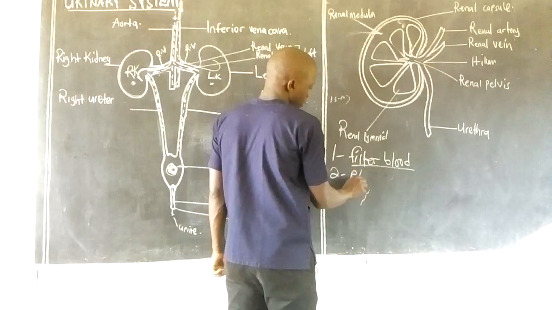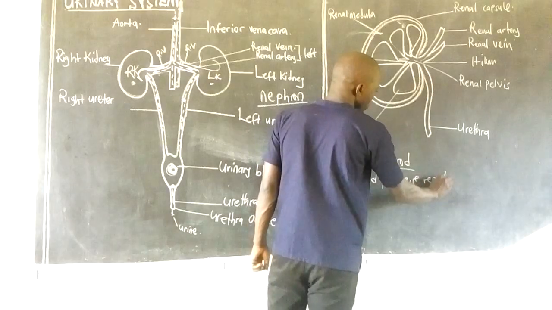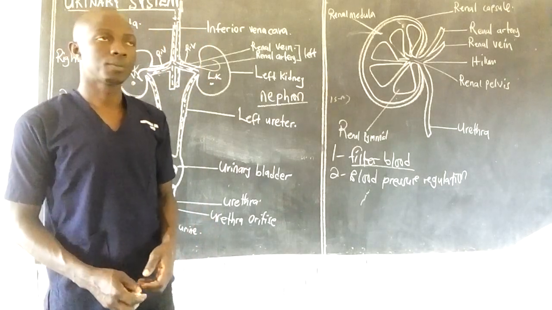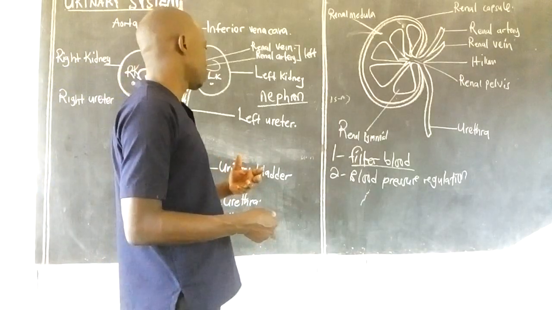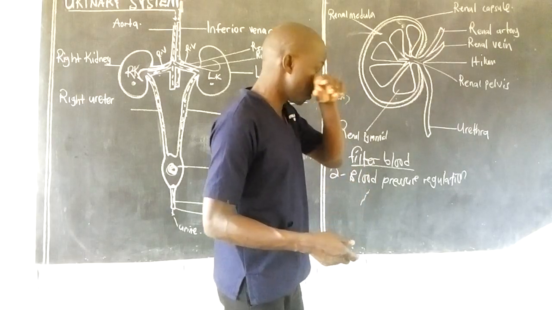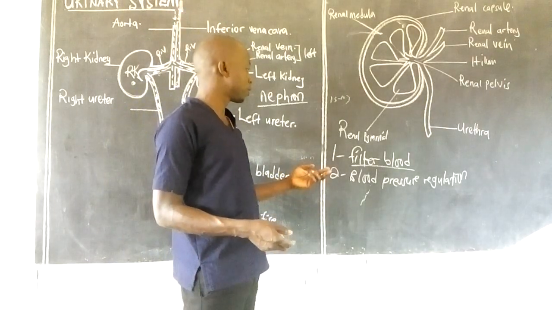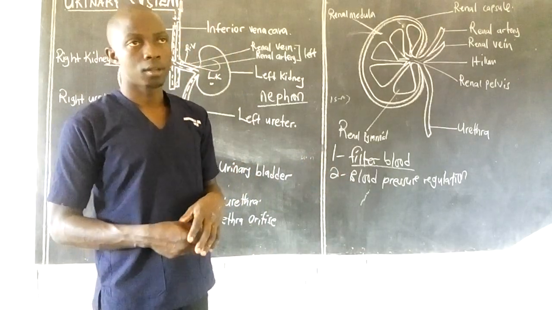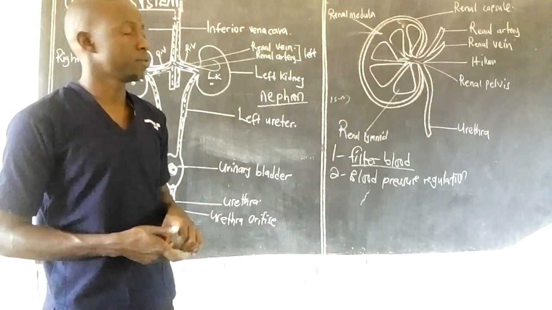Two is blood pressure regulation. Blood pressure regulation is in a way that when excess blood pressure is present, it is the responsibility of the kidneys to respond in two ways. One, there is activation of the RAS system, the renin, angiotensin, aldosterone system, which we shall see in the next video.